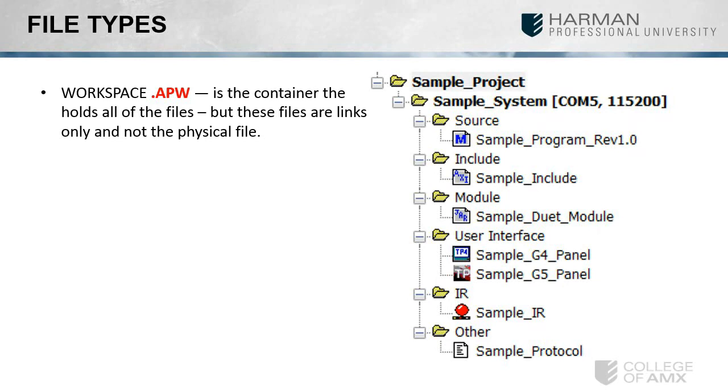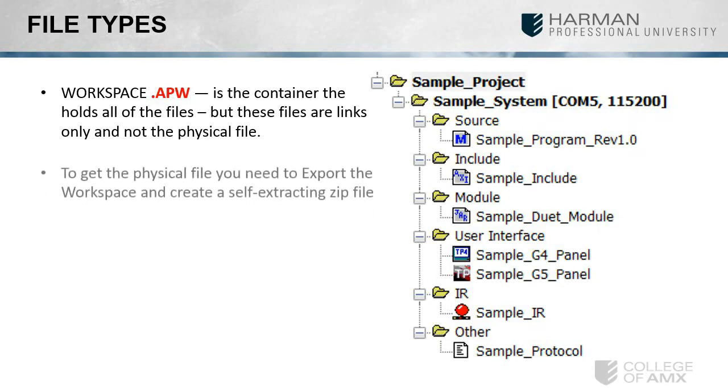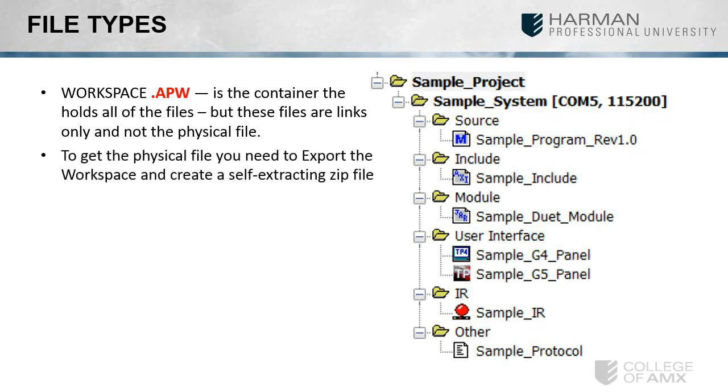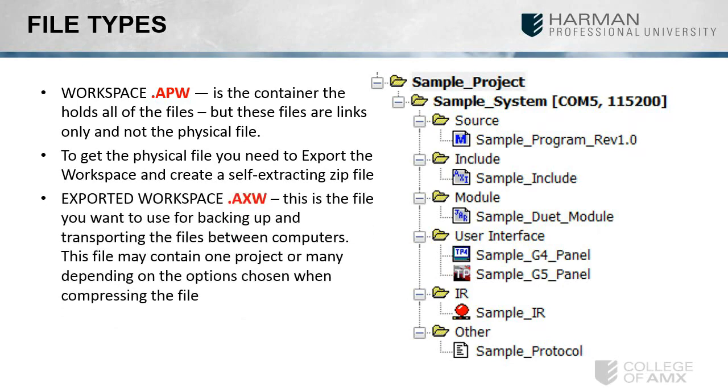All of the files contained in this structure, and the APW file itself, where this structure is stored, can be exported as a zip file directly from Netlink Studio, with the extension AXW. The AXW file is essentially a repository for all files that are linked to the Netlink Studio workspace and allows for easy transport of all of these files.